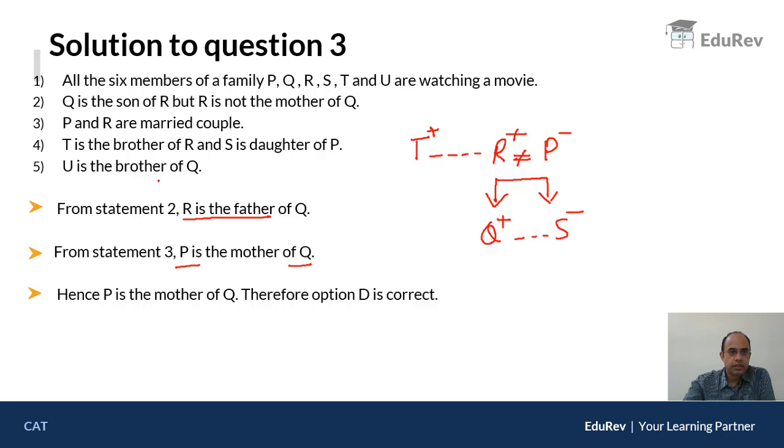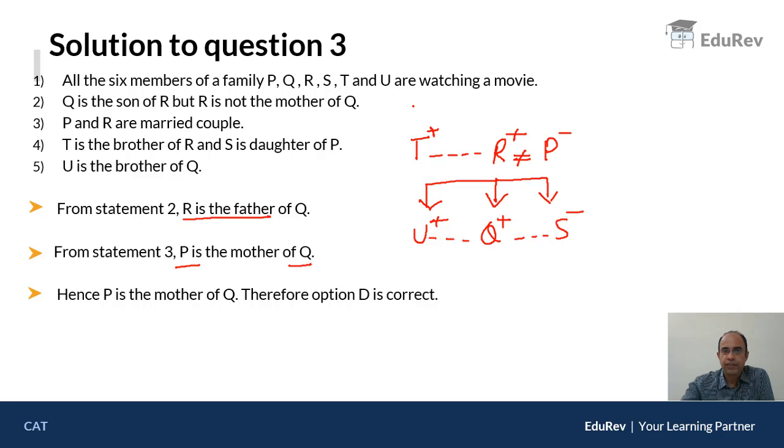And last line says U is the brother of Q. That means R and P have got one more child, and that is U. And U is the brother, that means he is a male. So I've given again a plus sign. So this is the family tree that I have made.